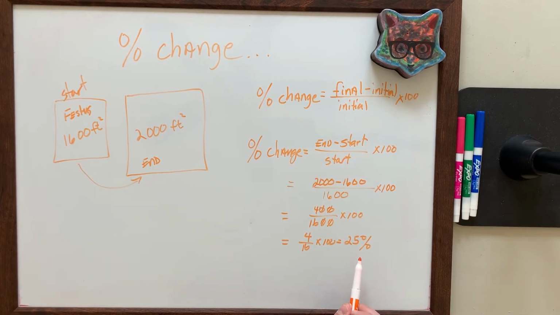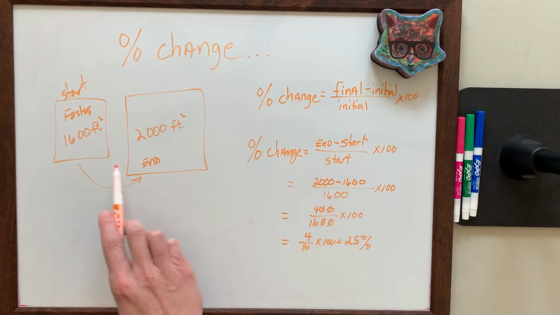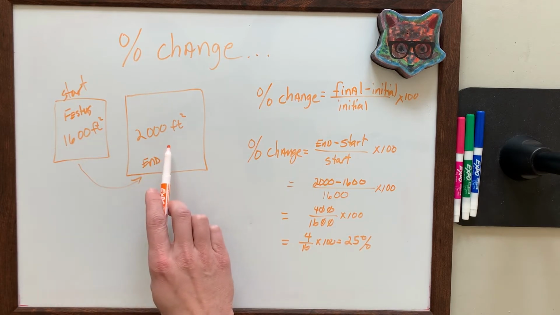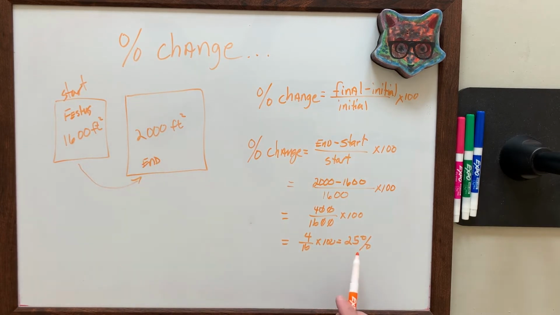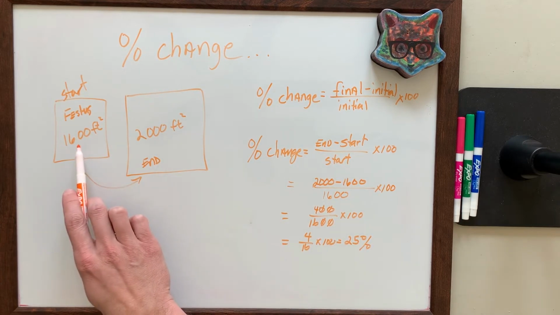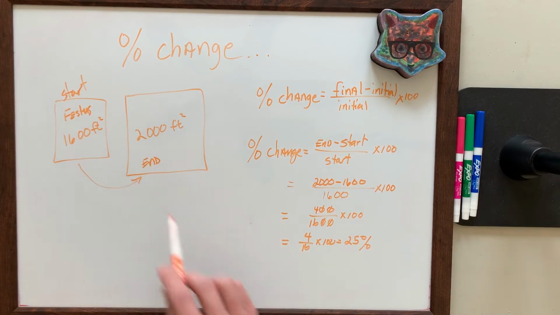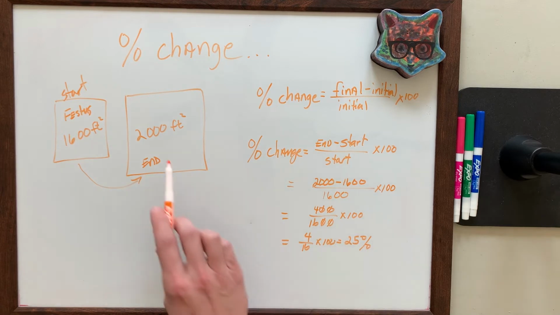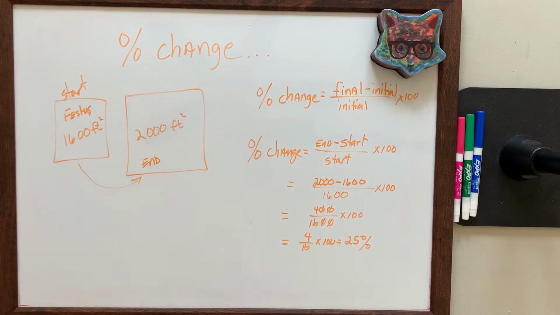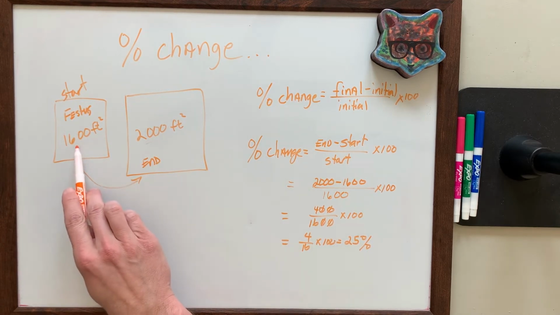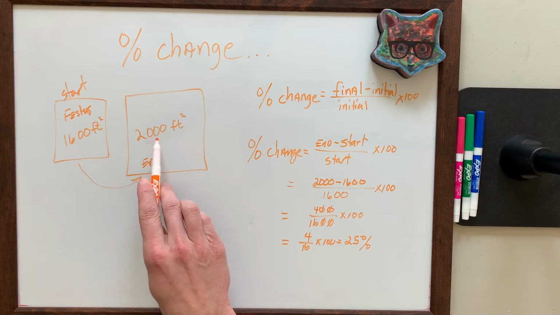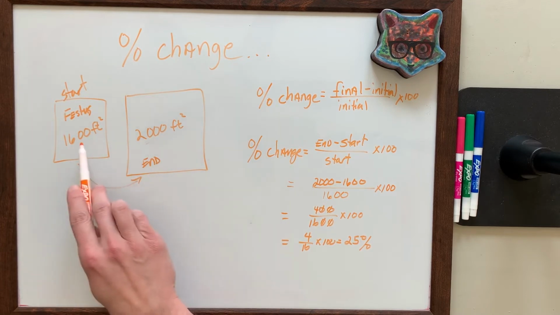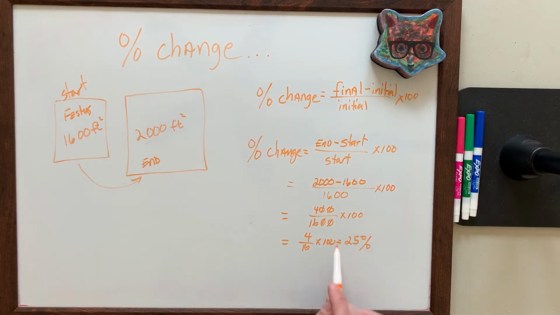This means that the increase in the square foot for Festus's new house is 25%. So he could say, I moved into a house that is 25% more than what I started. He started with something smaller, moved to something bigger, so that's an increase to go in this direction, and this is how much? 25% more.